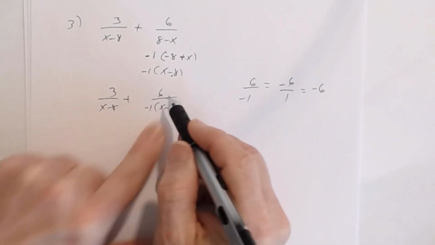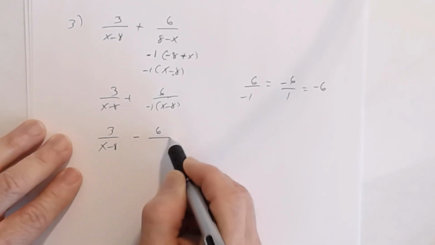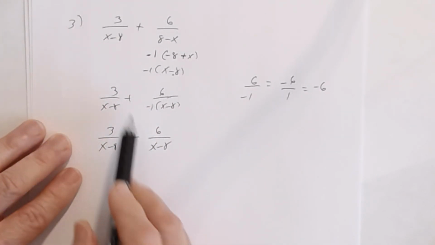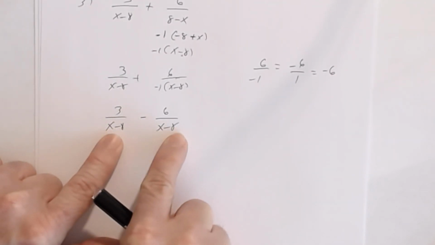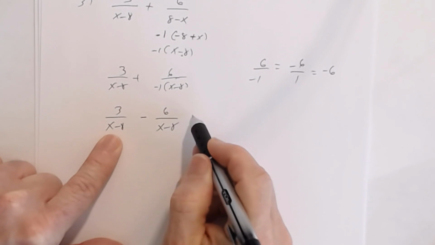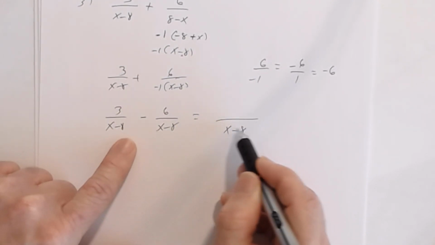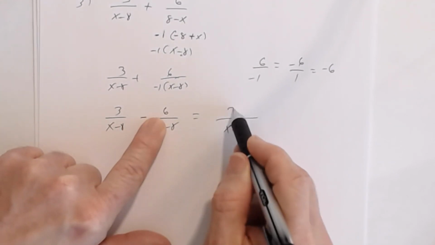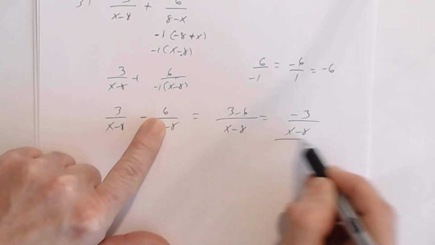Which means I'm going to rewrite this as 3 divided by x minus 8 minus 6 divided by x minus 8. So all of this becomes this, and notice the denominators are the same. So now, since the denominators are the same, you can write it as one fraction, and you can have 3 minus 6, which gives you a negative 3 divided by x minus 8.